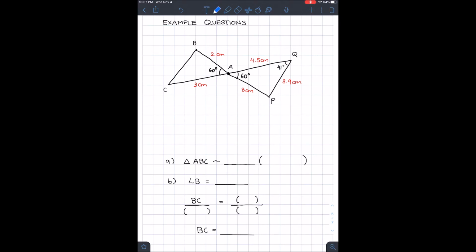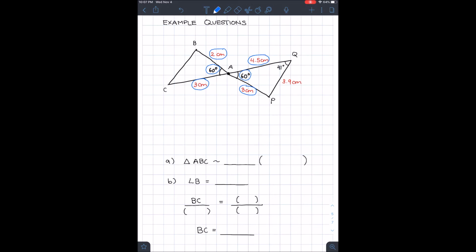Okay, so the first thing that we can notice is that for triangle ABC, we are given two sides and an included angle. And the same applies to the other triangle. We have two sides and an included angle.